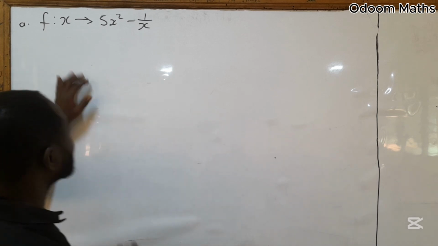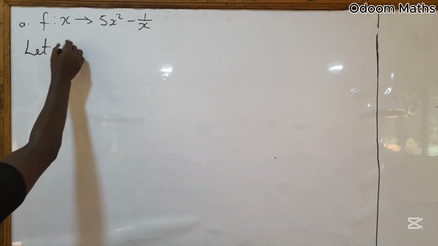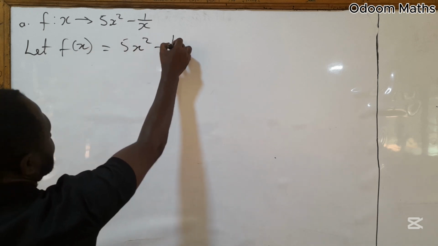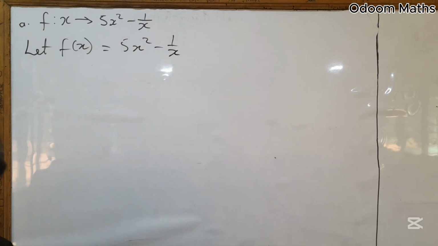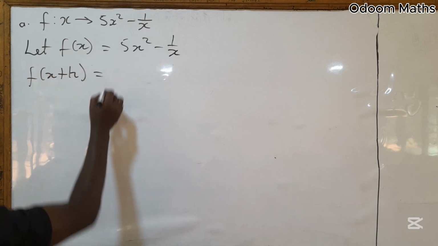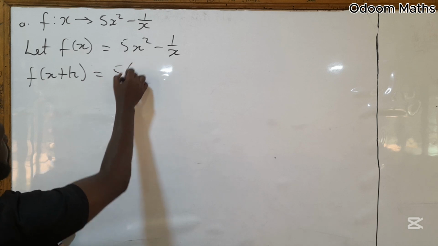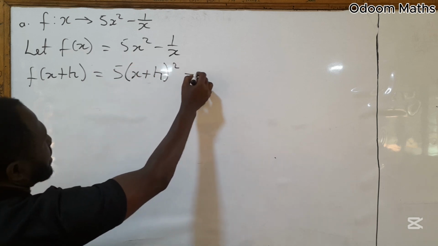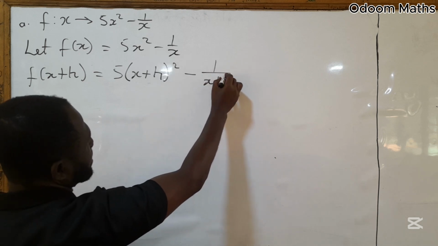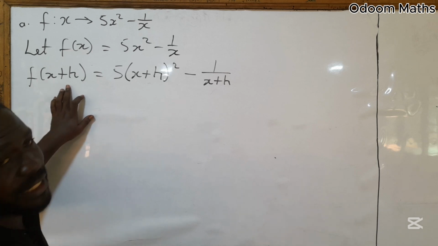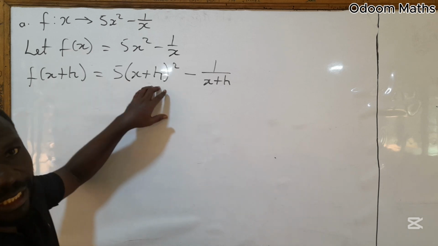With the first one, I am going to let f of x be equal to 5x squared minus 1 over x. In this case, my f of x plus h becomes 5 into x plus h squared minus 1 over x plus h, because when we see x, we put x plus h there.